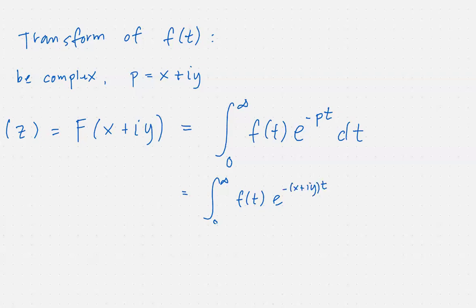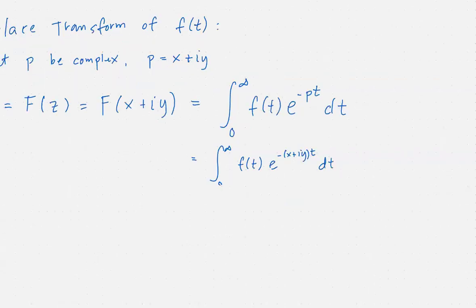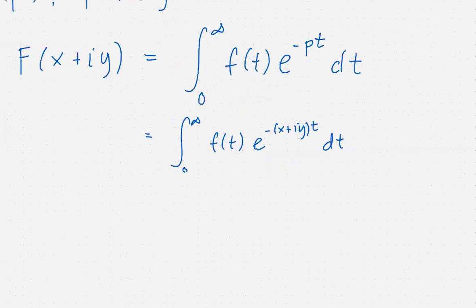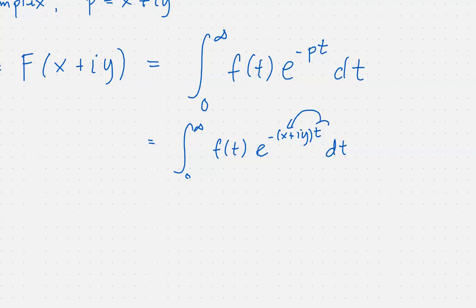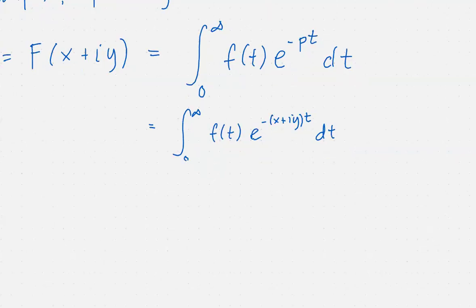Now, using the law of exponents, we can separate the e raised to negative xt, because we have to multiply t for both of these, times e raised to negative iyt. So we have the integral from 0 to infinity of f of t e raised to negative xt times e raised to negative iyt dt.